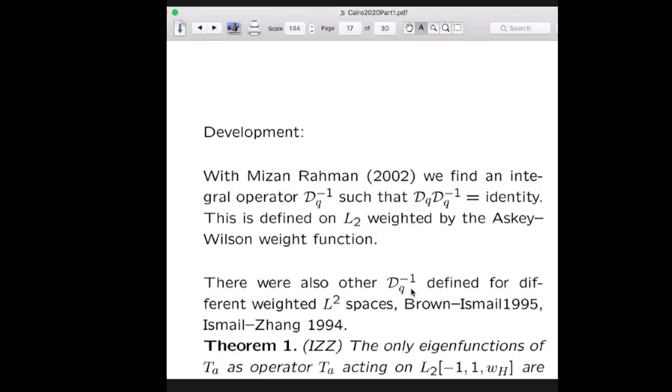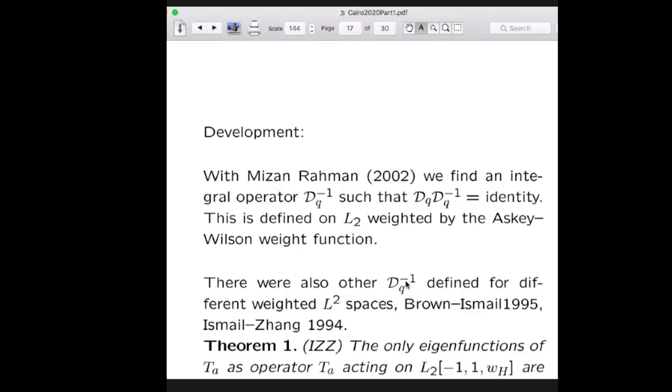There are other forms for D_q inverse. In particular, there is a paper with Malcolm Brown from 1995 and some papers with Zhang where we looked at this inverse, and we don't have yet fractional versions of that. We just know this from the old papers.